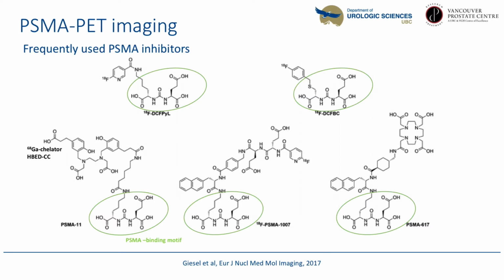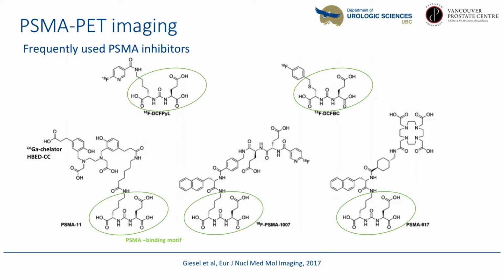What you can see here are the most frequently used PSMA inhibitors at the moment. They all have a similar structure. Circled in green is the PSMA binding motif that goes to the active substrate recognition site. It's the same in every one of the inhibitors.